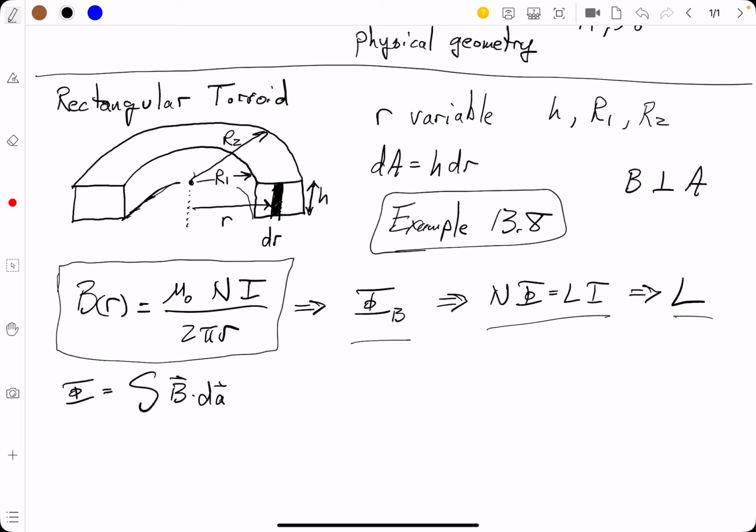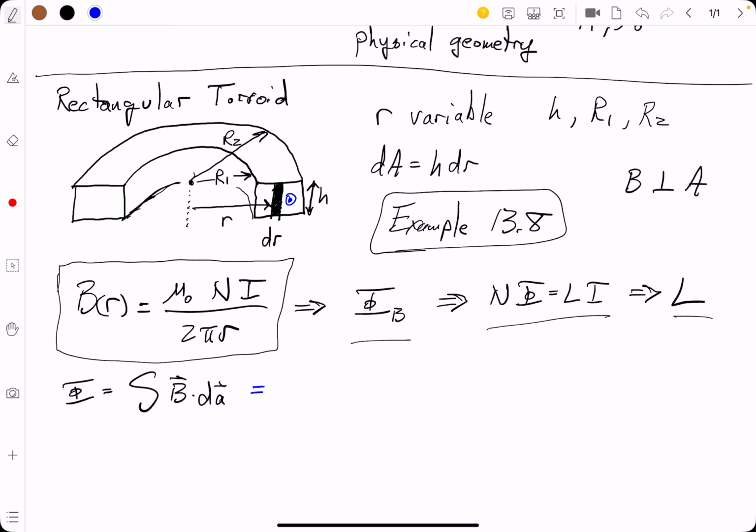We're just going to be going all the way around the loop, and of course our B field, when you do this loop, is going to be at this point. Depending on our current direction, it's either into or out of the page. So I'm just going to draw B field out of the page, but it doesn't matter. Into or out of the page, we're going to take the same positives on this thing anyway, so it doesn't matter.